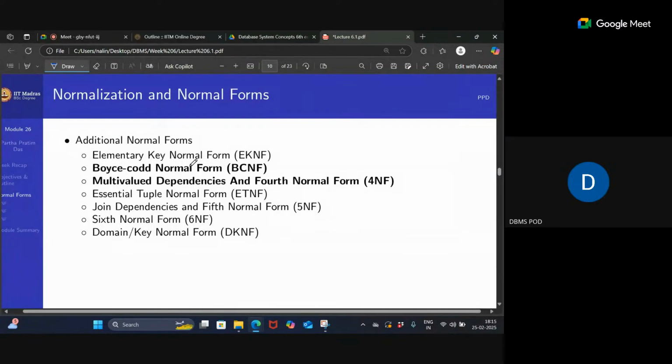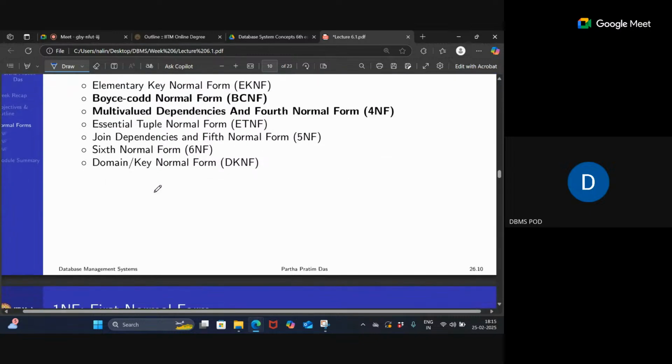We will see only 1NF, 2NF, 3NF, BCNF, and fourth normal form. The other normal forms we won't be seeing. Boyce-Codd normal form, also called BCNF, multi-valued dependencies and fourth normal form. Essential tuple normal form, ETNF, join dependencies; we are not going to see these normal forms. Just know these normal forms also exist. Okay.